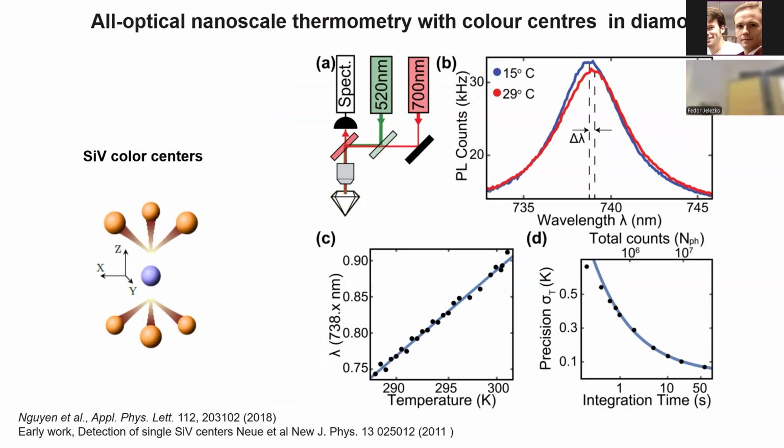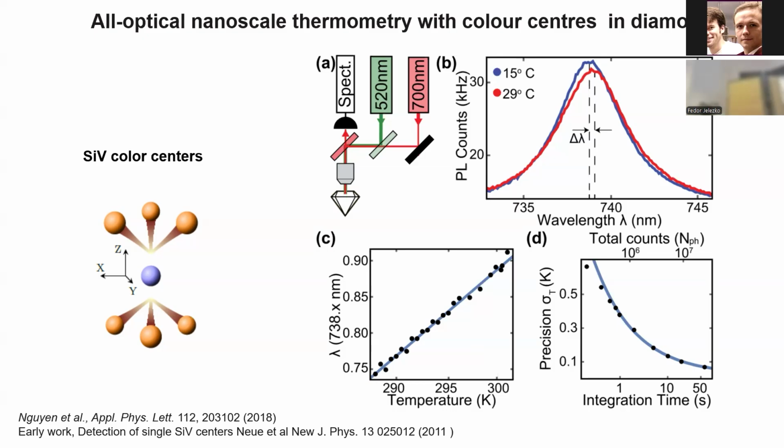So there are also other dopants that do have some advantages in terms of sensing, but also in terms of application in quantum communication. One of them is the silicon vacancy color center. Instead of nitrogen, you get a silicon dopant in diamond.